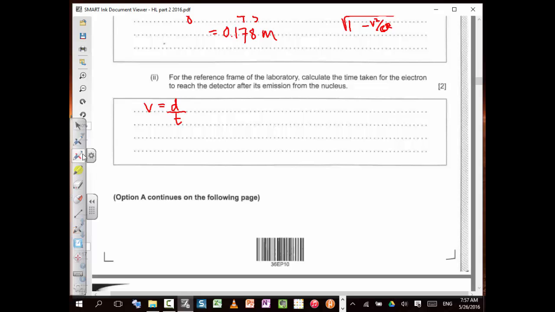So T is equal to D over V, which is equal to, well, we know that D is 0.8, and we know that V is 0.975 C, and that comes out at 2.74 times 10 to the negative 9 seconds. Again, if you'd used the rounded value of 0.98, you would have still been marked correct.